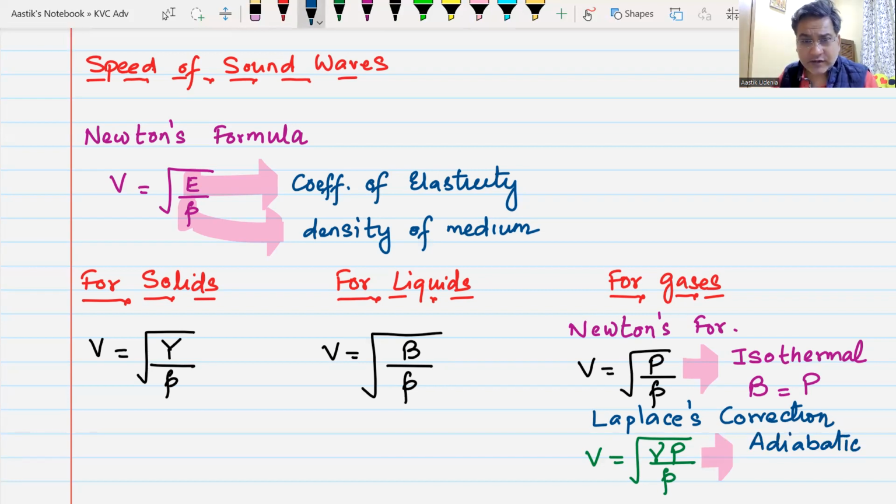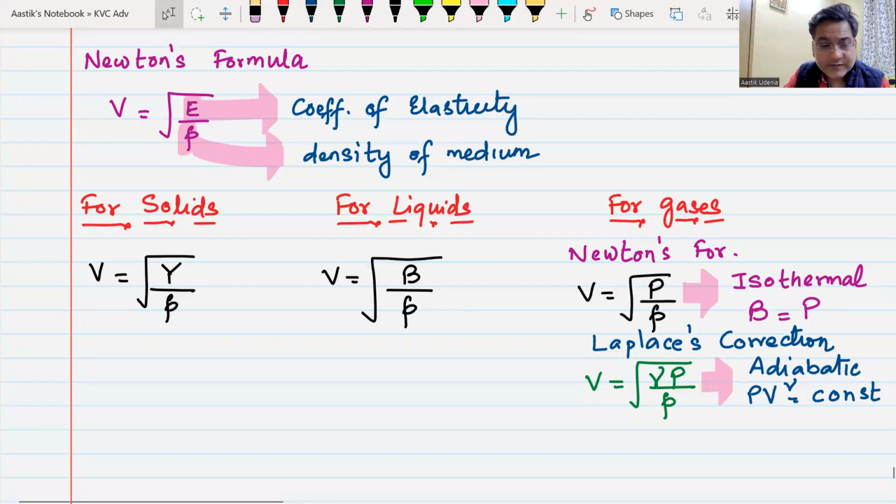Have you ever heard about adiabatic process? Yes, sir. In adiabatic process, we have PV raised to the power gamma. Yes or no? Do you remember adiabatic process? No idea?